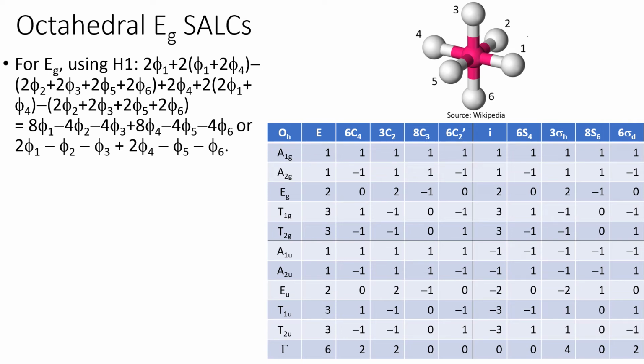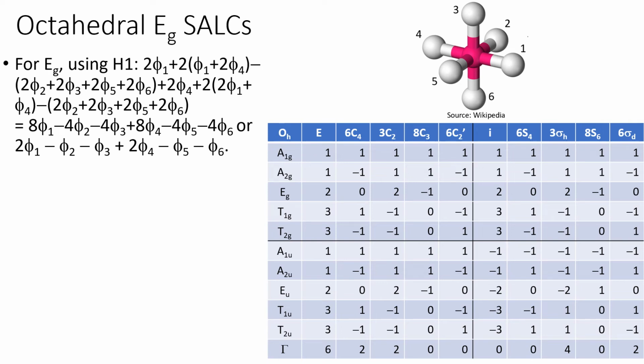And then we simply go through all of these 48 operations, gather together all the terms, then we get the lowest common denominator integers, and so we end up with 2 phi 1 minus phi 2 minus phi 3 plus 2 phi 4 minus phi 5 minus phi 6.